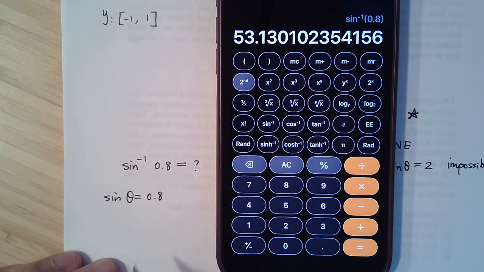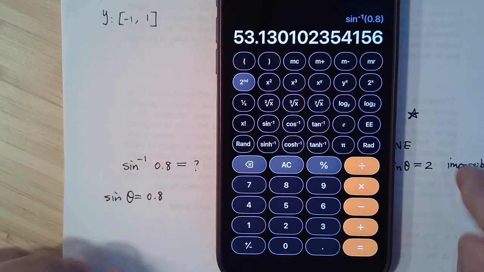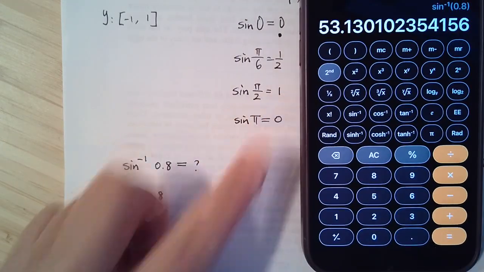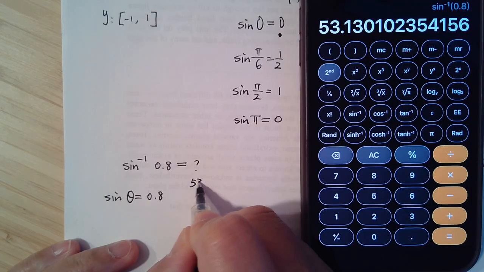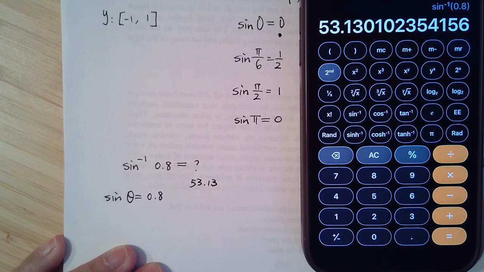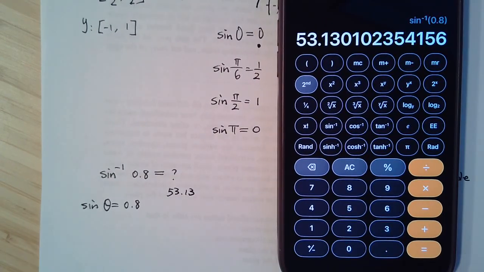Now, next question. Let me move this a little bit so I can write. So I get 53.13. Next question. Is this degree or radian? Did you see here is RAD, which means we saved it. We're not using it. If you're not using it, the answer you got is degrees.